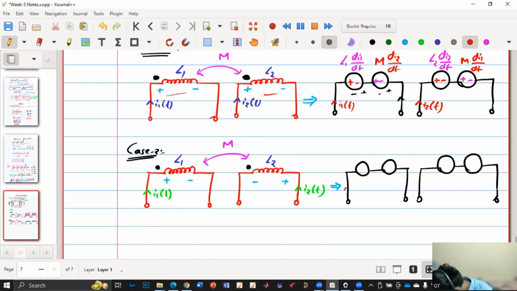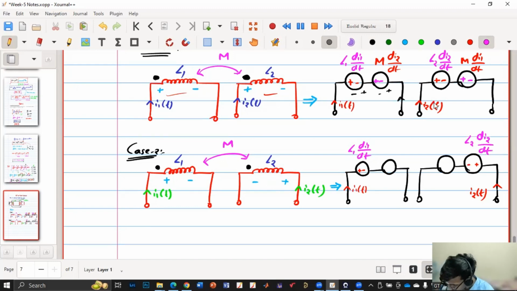So this is my I1(t) and this is my I2(t). Now what will happen? Because the current is entering like this, it will have plus minus, and this is L1 di1/dt. So always write the polarity of this one first because it is straightforward, and here it is plus minus, and it is also L2 di2/dt.